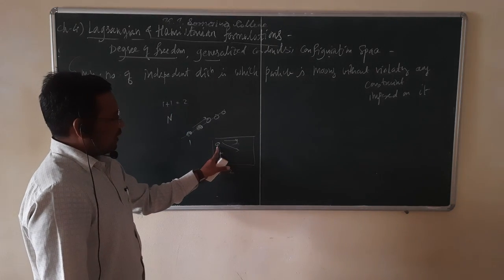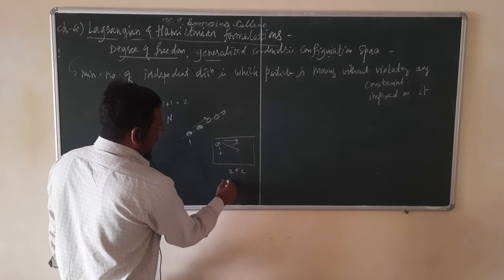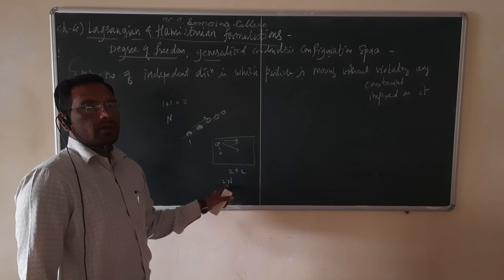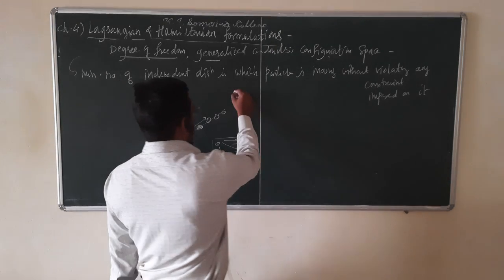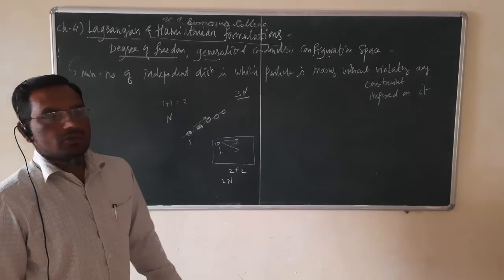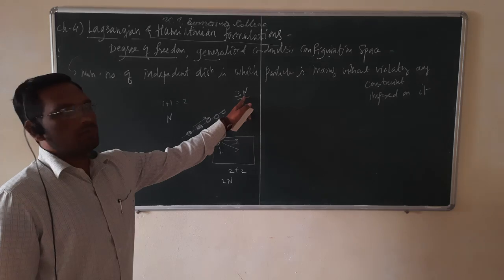In two dimensions, with two particles the degree of freedom becomes 4, and with n particles it becomes 2n. Now if particles move three dimensionally, then you can write the degree of freedom as 3n, where 3 is the dimension and n is the number of particles.